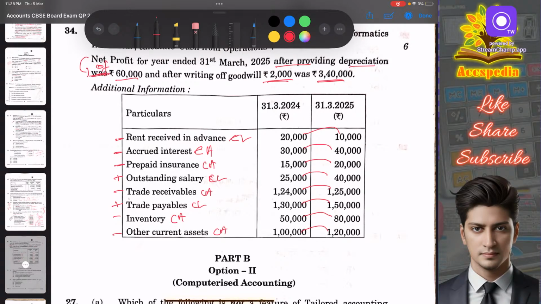There are only two additions. Rent received in advance, current liability; accrued interest, current asset; prepaid insurance, current asset; outstanding salary, current liability; trade receivable, current asset; trade payable, current liability; inventory, current asset; other current asset. So liability decrease less, asset increase less, asset increase less, liability increase add, asset increase less, liability increase add, asset increase minus, asset increase minus.